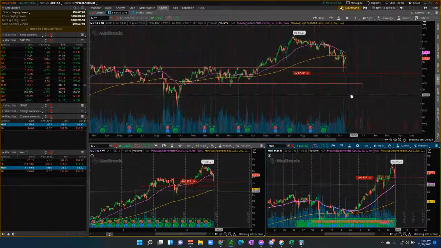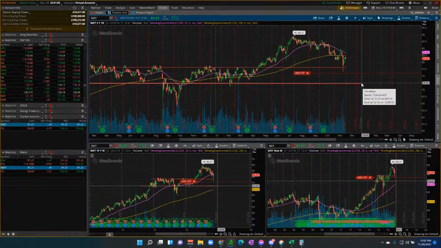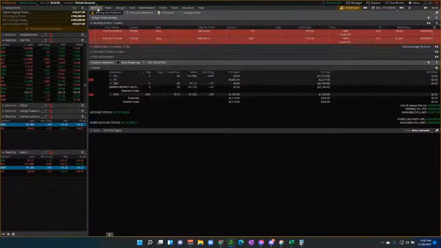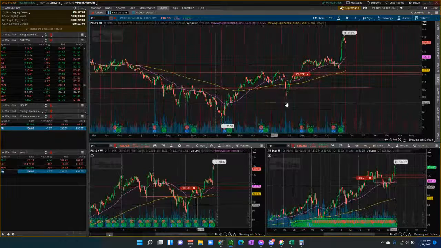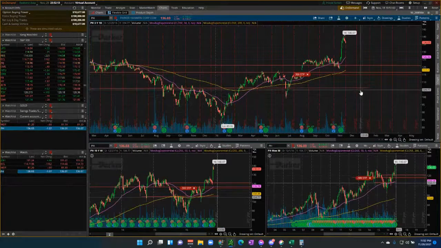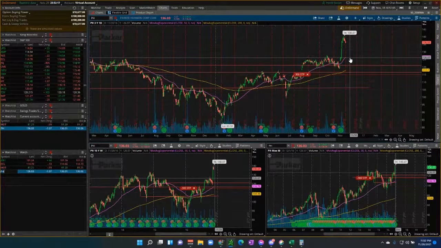Because if it goes back into this range, it could be all the way down to 72. Now we could put a hedge in. That's totally up to us. A hedge in PH. PH, maybe it comes down to here.